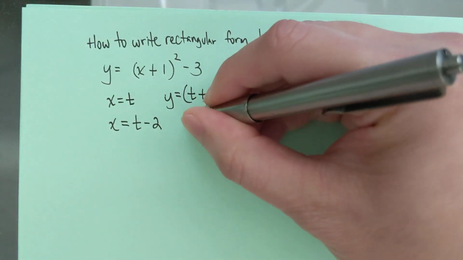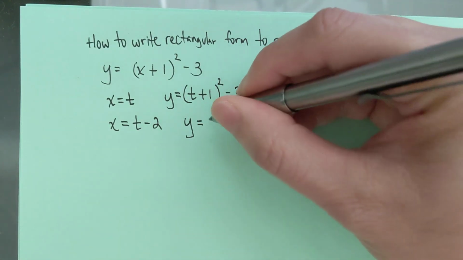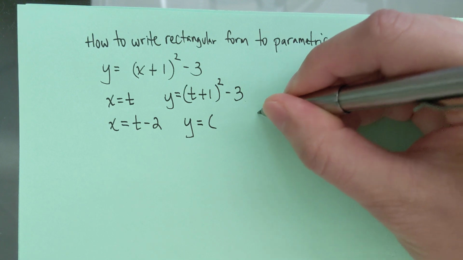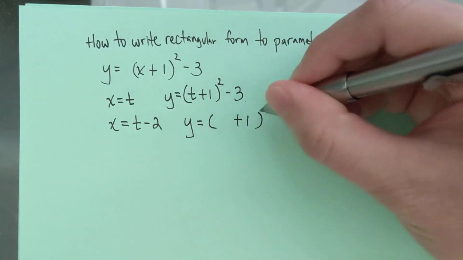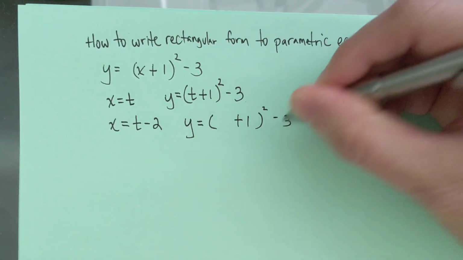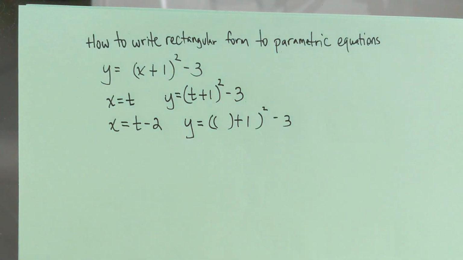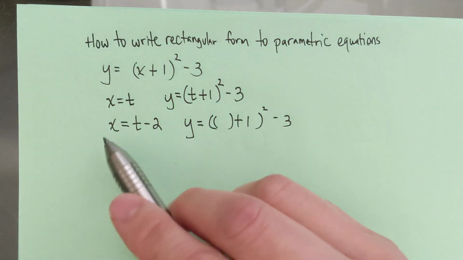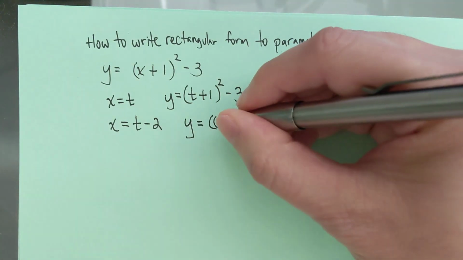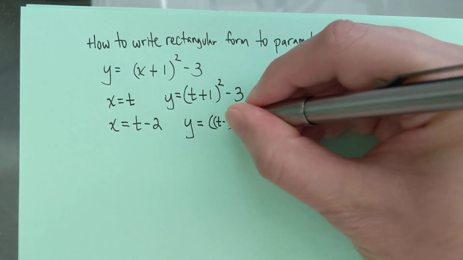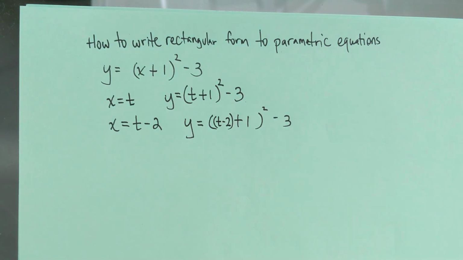So I have y equals parentheses with a plus 1 squared minus 3, and right here is where x is supposed to be. But instead of x, I'm going to put t minus 2. And I'm going to use my algebra skills to finish it off.